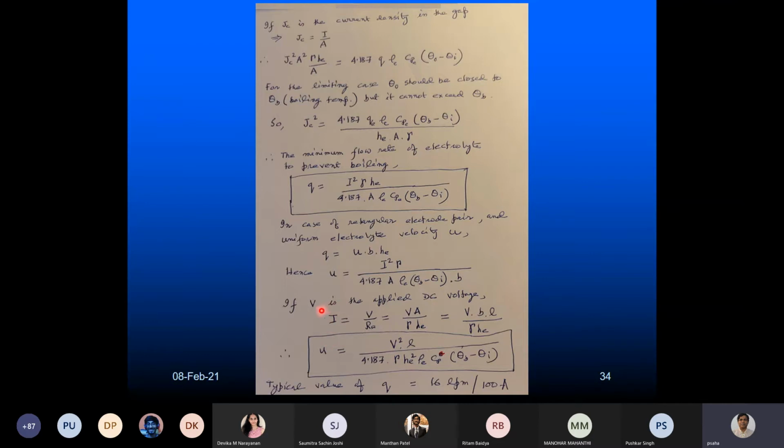So from that we can say, if this is the current, how much is the MRR? If it is a constant cross-section machining throughout the process with time, then we can say what is the feed rate. Just divide the volumetric removal rate by your surface area.